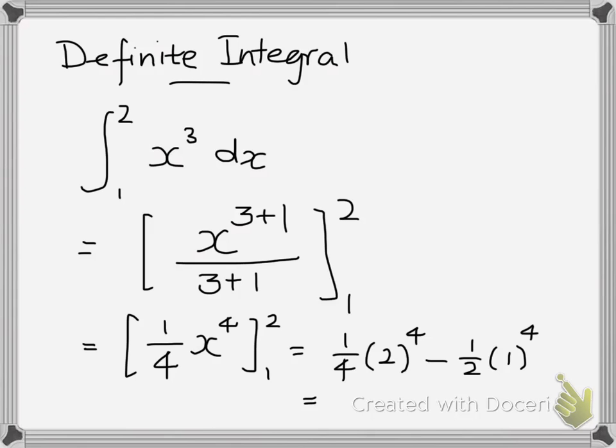Why is it half? It's not a half, it's a quarter. Okay? Right? So it's always the top one minus the bottom. Always. Yeah? So that's how it works. It's always like that.